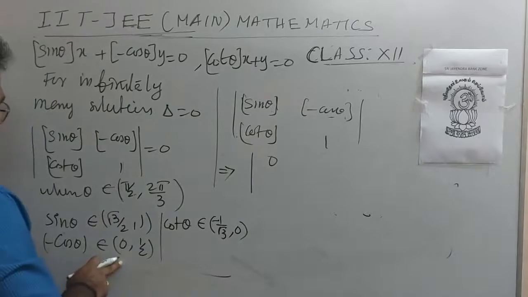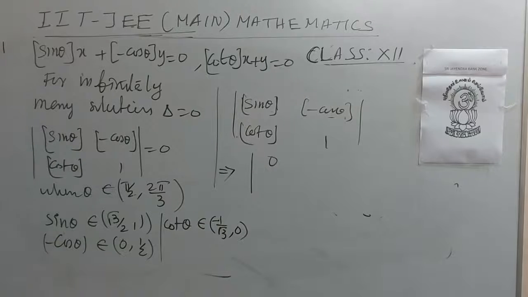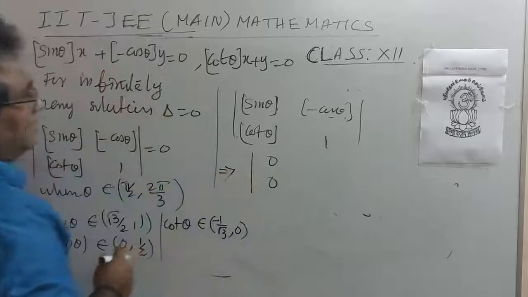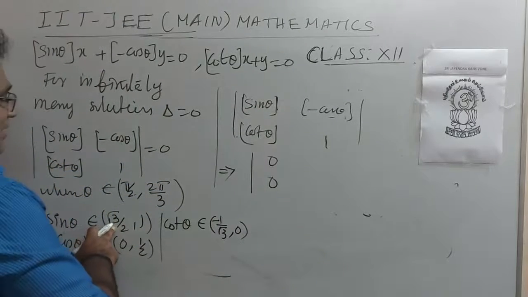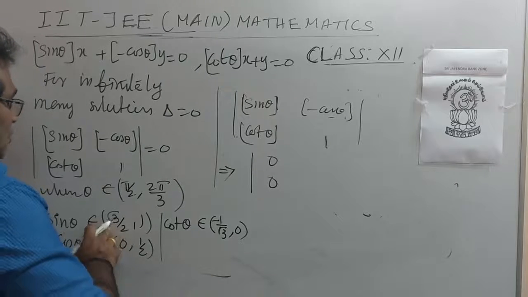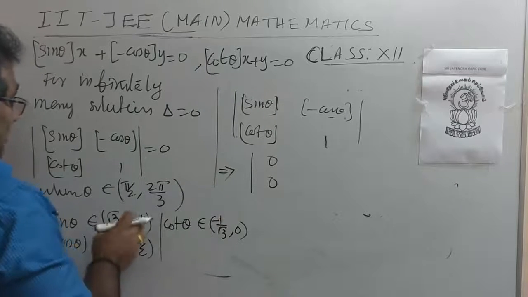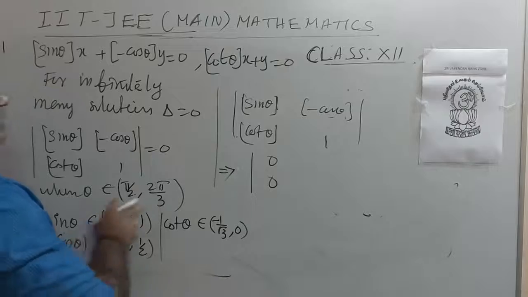For minus cos theta, the value lies between 0 and 1, therefore the greatest integer will be 0.